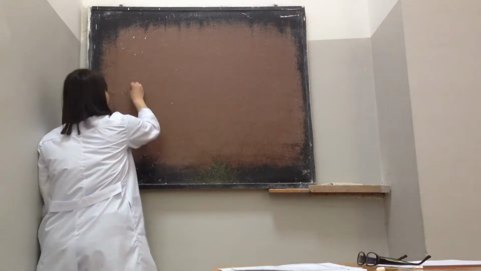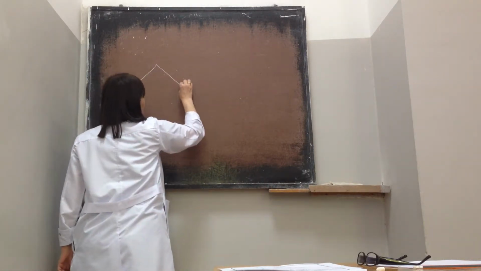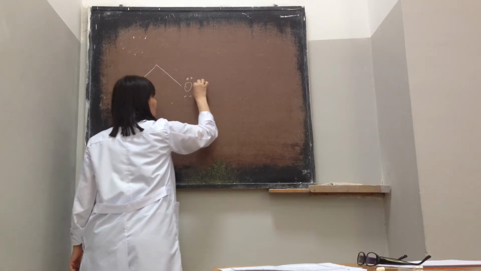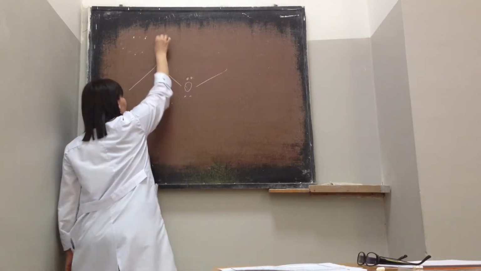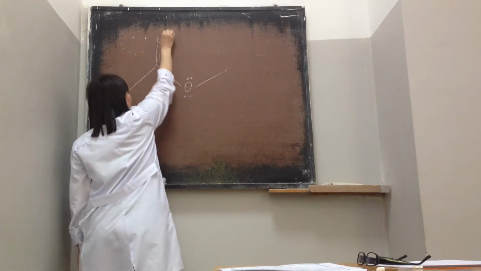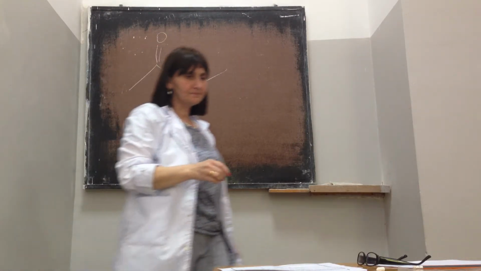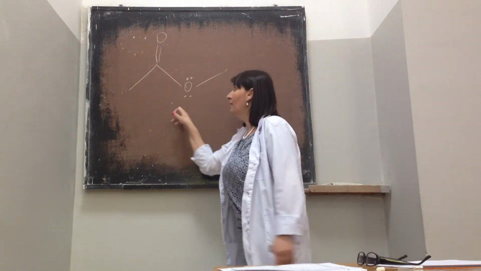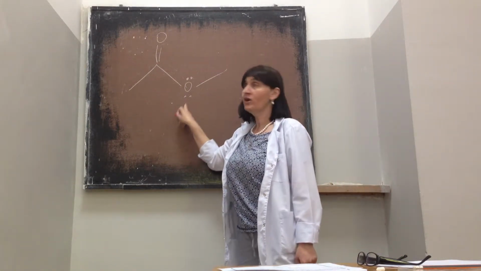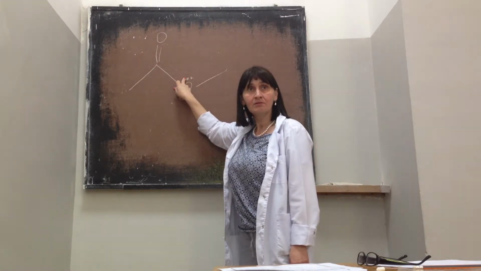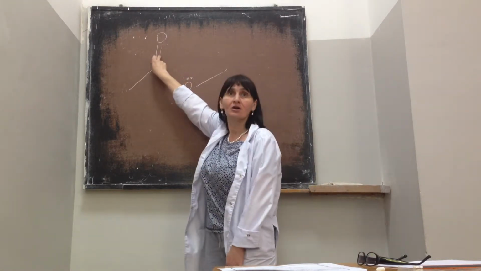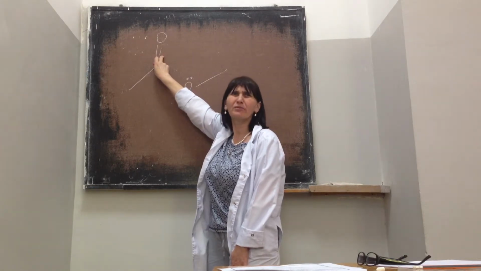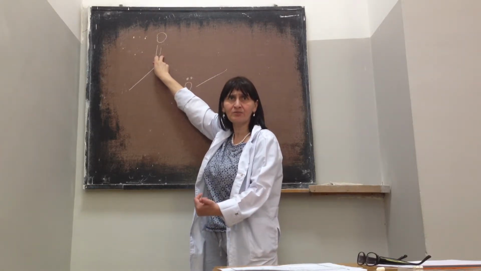Now, if you have O with a double bond, and here you have something, for example a second O, or nitrogen, it doesn't matter which one. Here you have a lone pair, and the double bond is the acceptor of these electron pairs.